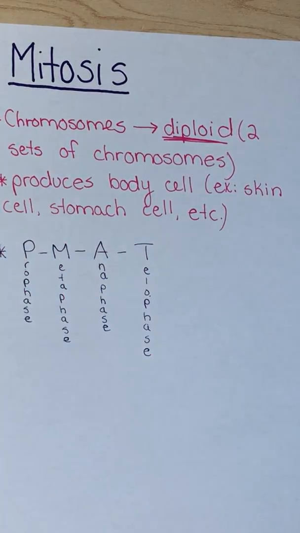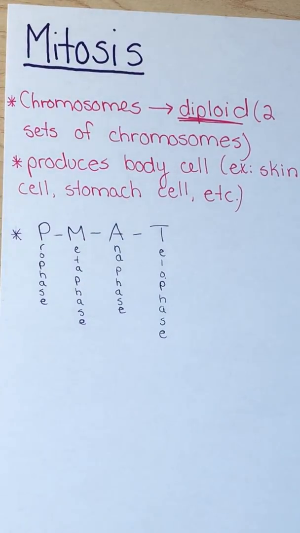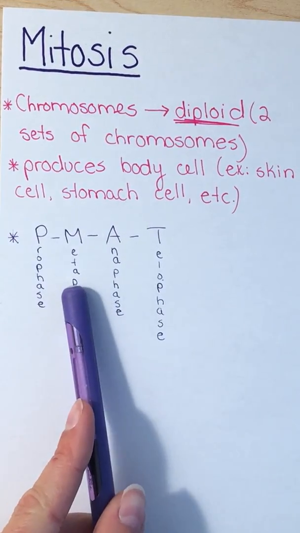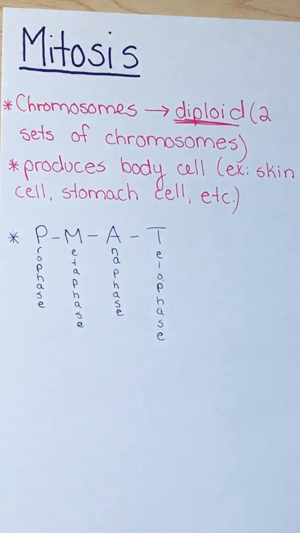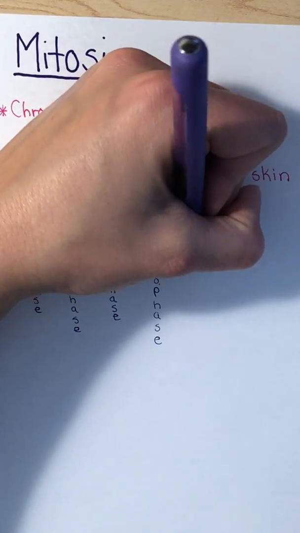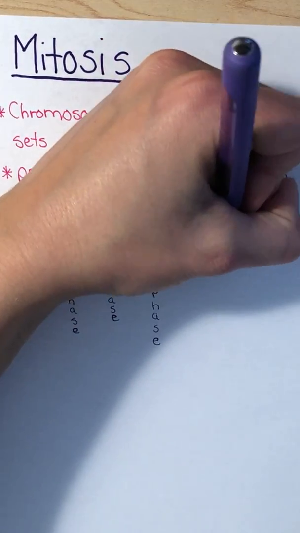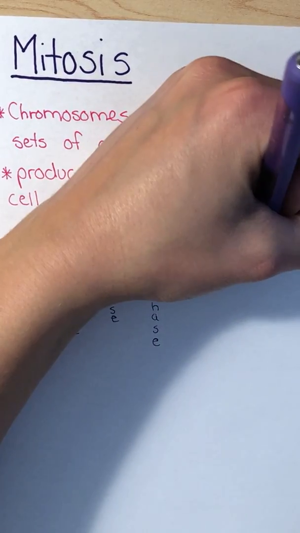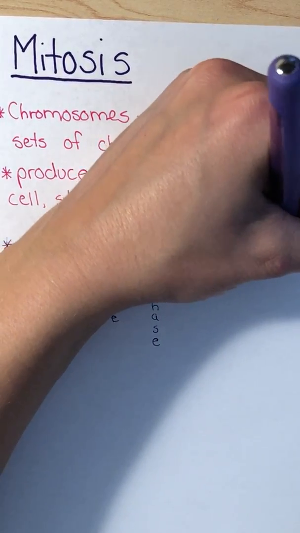Okay, so you learned this when you made your mitosis models, okay, that is the general step-by-step procedure that body cells go through, okay? They go through prophase, they go through metaphase, they go through anaphase, and they go through telophase. And then they go through cytokinesis, or the official split of the cytoplasm.